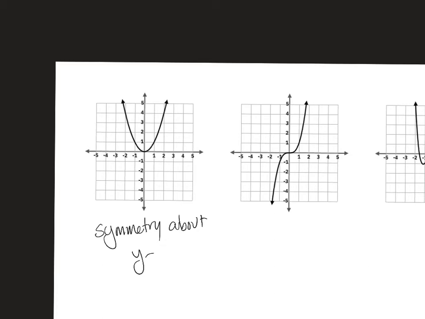Meaning, if I took a look at just this side and reflected it over the y-axis, it would lay right on top of the other side. It's identical on the left and the right of the y-axis. This one is even.